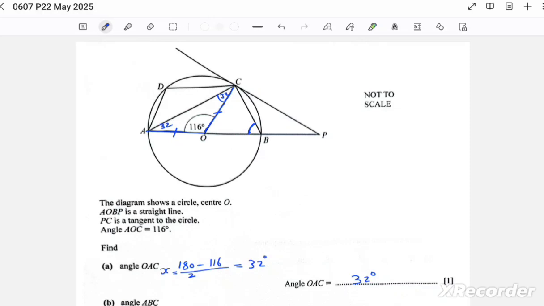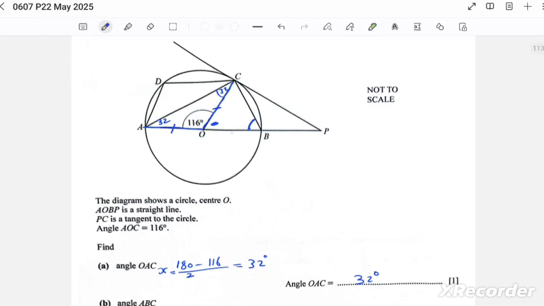Actually, in this one, you can do it in two methods. Someone may say that if this is 116, so 180 minus 116, so you can find this one. And since this one also is isosceles, you can find this angle. So 180 minus these two angles, you can find this one.